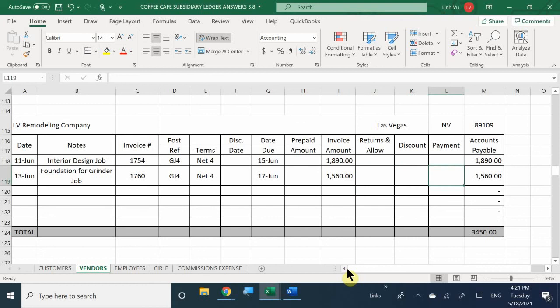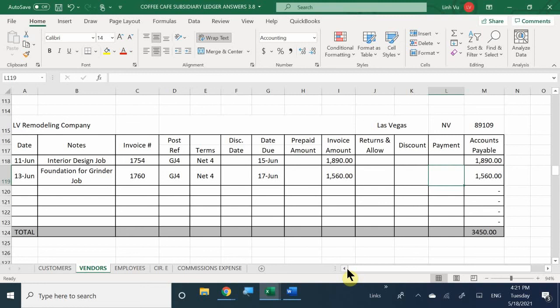Because I pulled my formula all the way down, here it shows me that I owe an additional $15.60 for this bill. And the gray bottom gives me a total amount that I owe LV Remodeling. I owe them in grand total $3,450. And that's a lot.